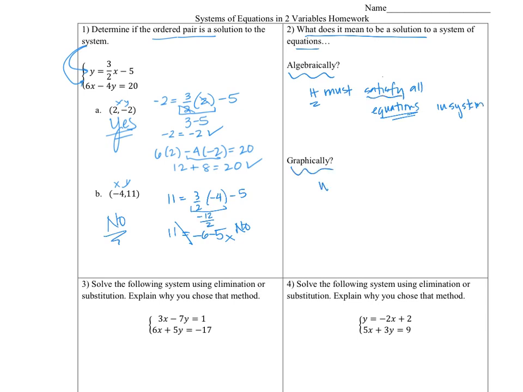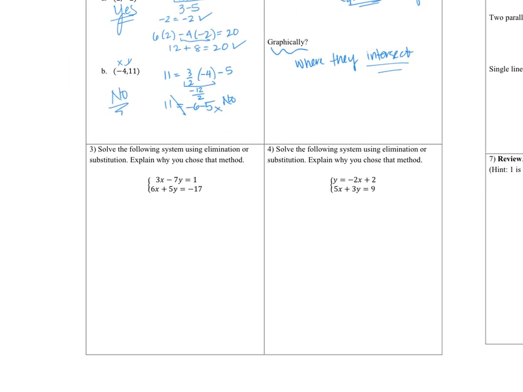Graphically, it's where they intersect. Again, remember that a graph is the set of all points that make an equation true. So we're looking at the intersection would be the points that make both equations or all three equations at the same time true.